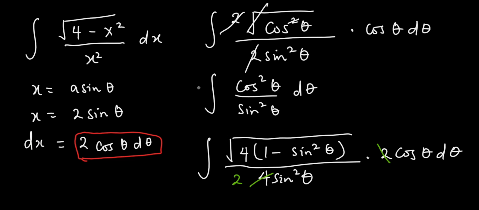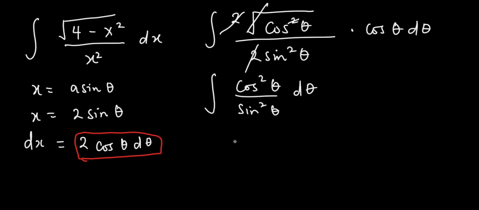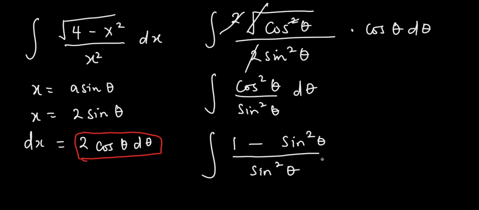So we can integrate this now. So how do we integrate this? Well, for us to integrate this, we need to use the identity of cos squared theta. So cos squared theta is the same thing as 1 minus sine squared theta, over sine squared theta d theta.